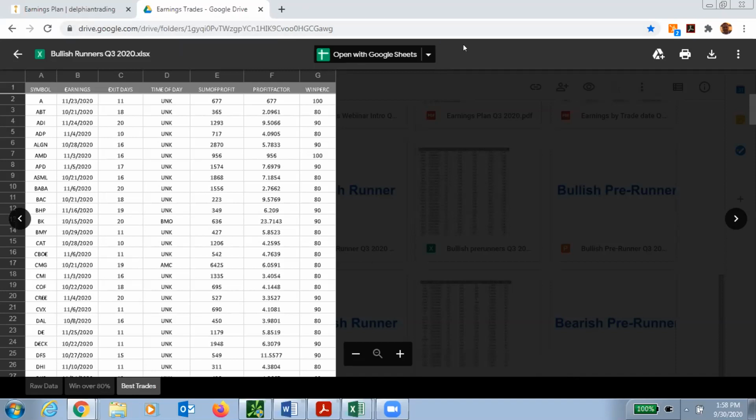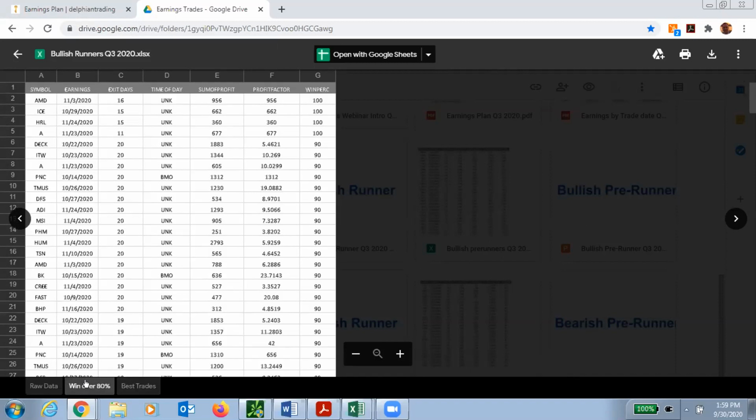The real issue is the earnings date, getting that correct. Although on some of these that you really want to do, the summary, the wins over 80%, has it alphabetically, so there's more than one decent day or days before the earnings that you're going to get it in.